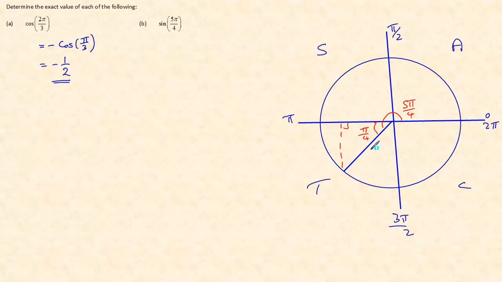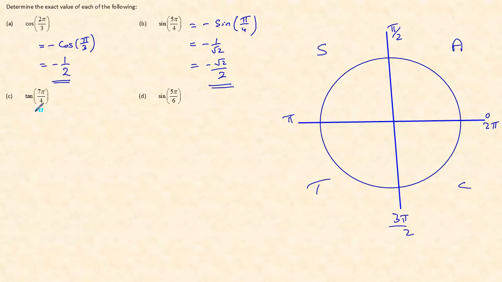That's our associated acute angle. We're in the T quadrant, so the sine will be negative. So it's going to be negative the sine of pi by 4. And we know these exact values. Remember, pi by 4 is 45 degrees if we're in degrees. So that's negative 1 over root 2, or negative root 2 over 2 if we rationalize the denominator.